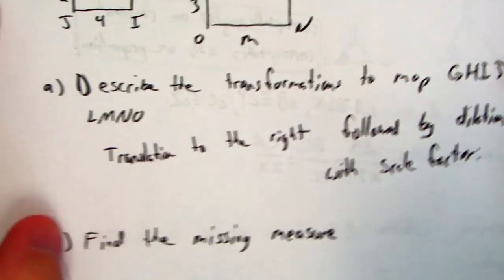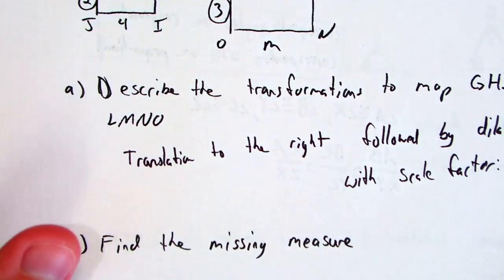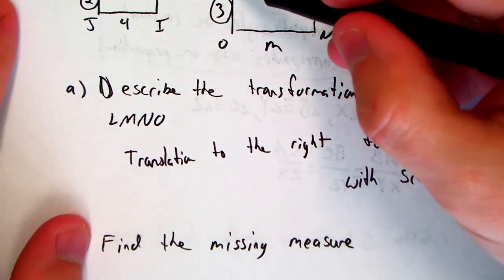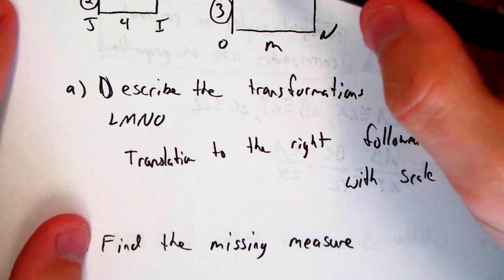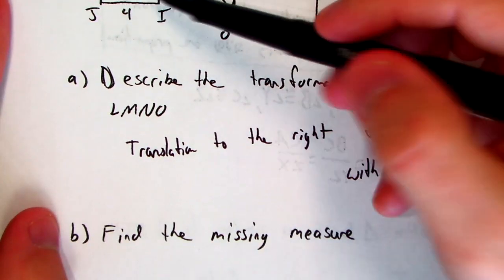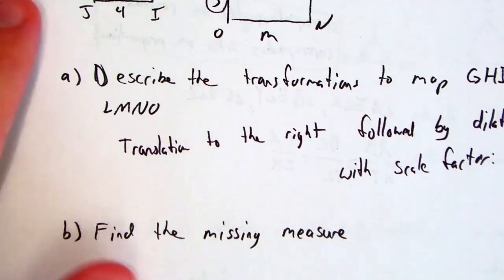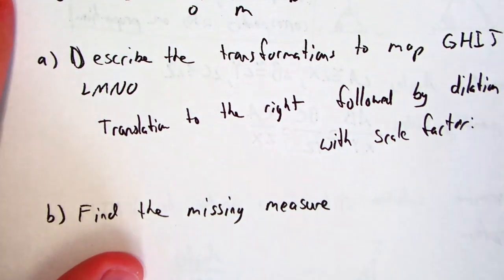So in order to find the scale factor, we have to take this 3 and this 2, because those are corresponding sides. They're both the shorter side on their rectangle, and we need to divide them. Because we're going from small to big, that means our number needs to be a number bigger than 1, our scale factor.